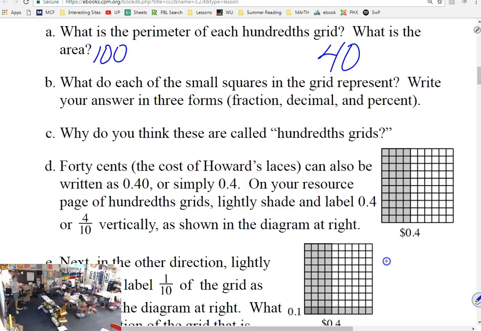If you just have 40 and you just have 100, your answers are wrong. Zach, what do you think? Units and units squared, because that's area.